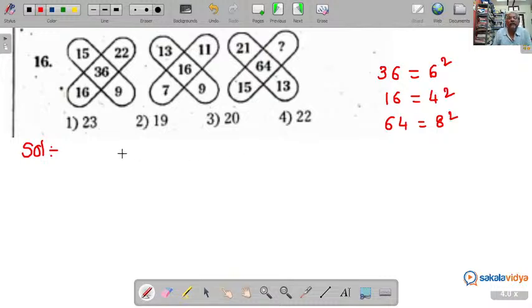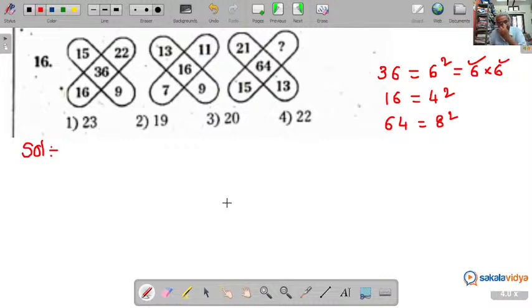But how do we get this 36? With the help of 15, 9 and 22, 16. That means we need to get 6 into 6. From these two numbers, generally subtracting will get it. 15 minus 9 will be 6. 22 minus 16 is 6.